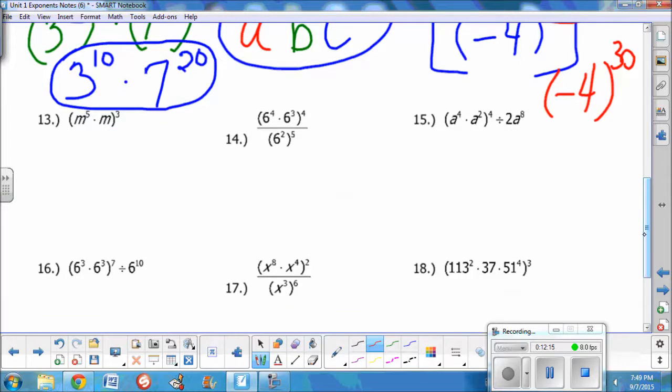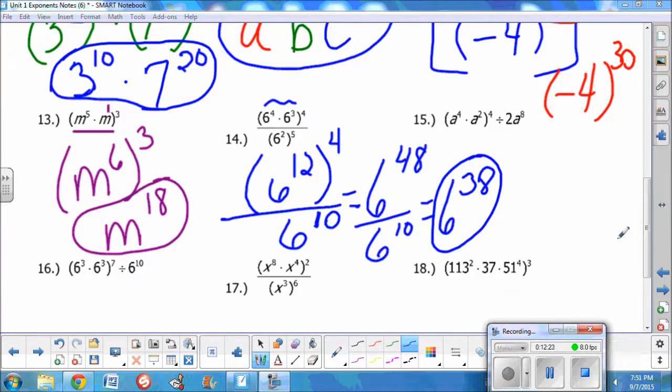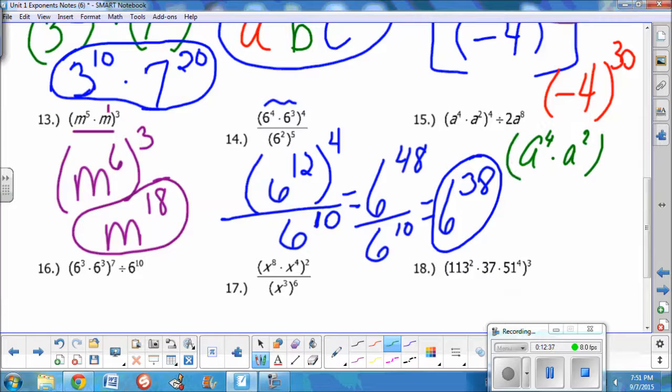Okay? You can go ahead, pause the tape, and give some of those a try, and then start it back up and check your answers. Okay, you can take a look. I did 13 and 14. Let's talk through 15. So I'm just going to rewrite that one, a to the 4th times a to the 2nd to the 4th, and that's all divided by 2a to the 8th.